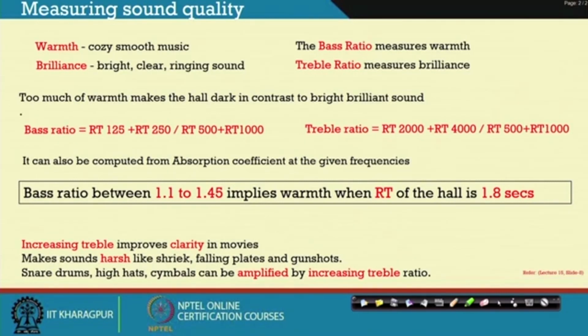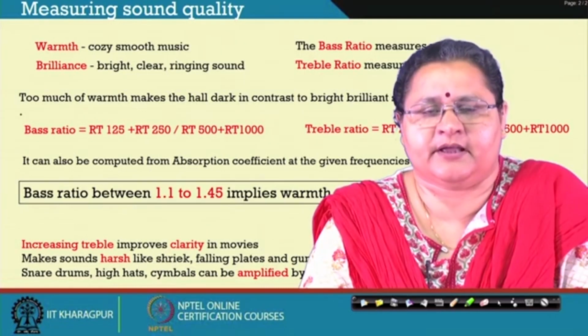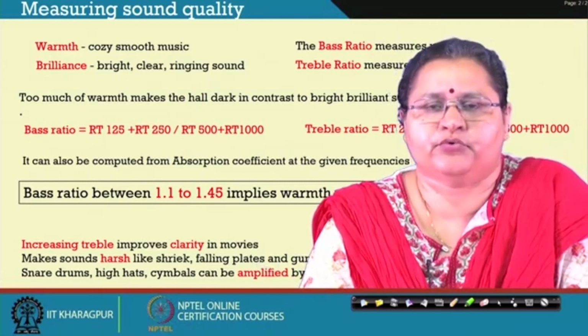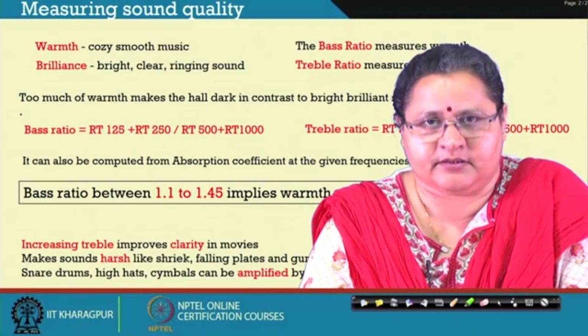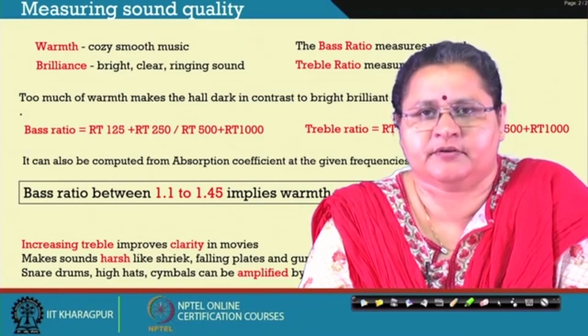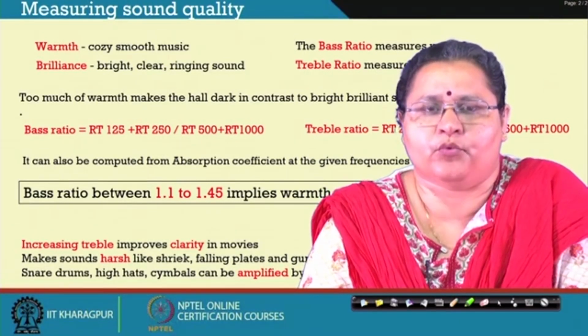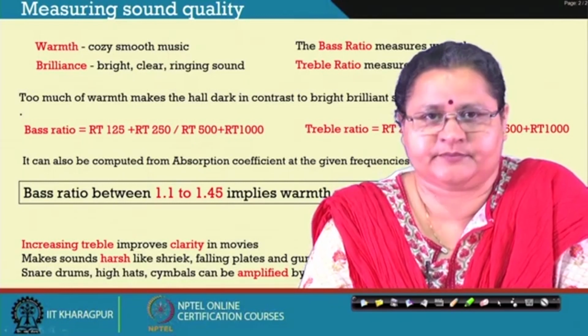So, whatever the purpose, to bring warmth into a system you have to increase the bass ratio, and that does not mean to any extent, but between 1.1 to 1.45 times the RT at 500 plus RT at 1000. So, you can achieve warmth within your space.